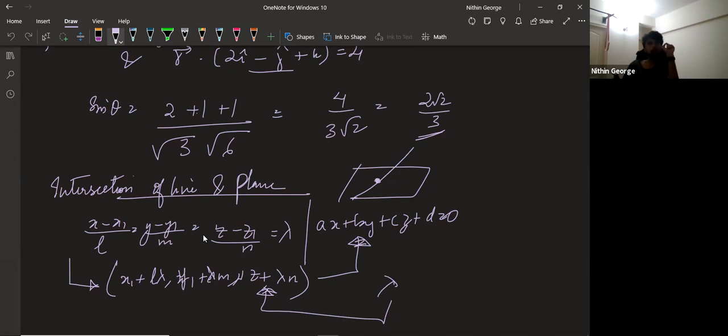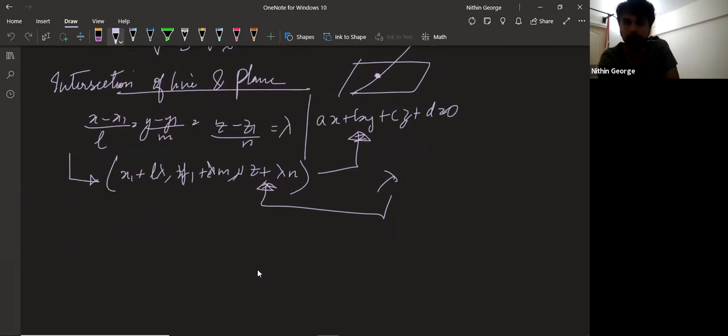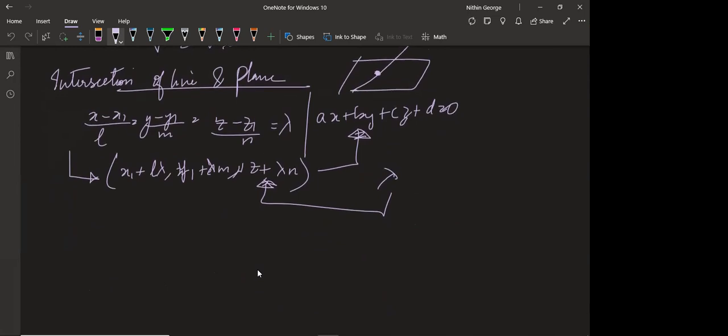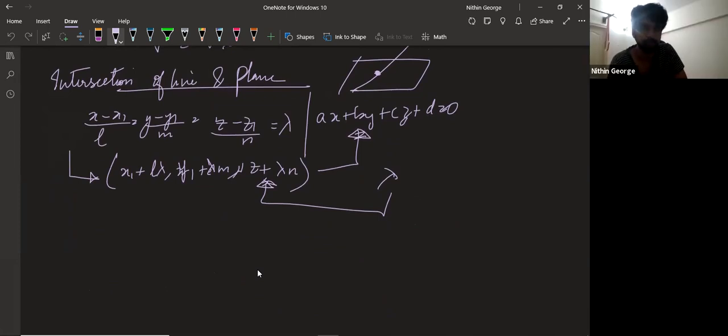Once you obtain it, put it back into the point you have, and you will get the point of intersection between the line and that plane. Following, guys? I don't need to give separate notes, this is implied.